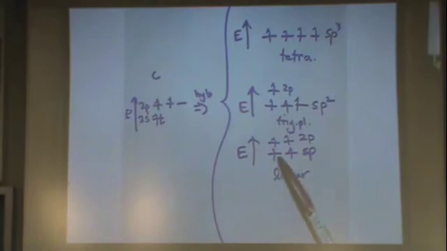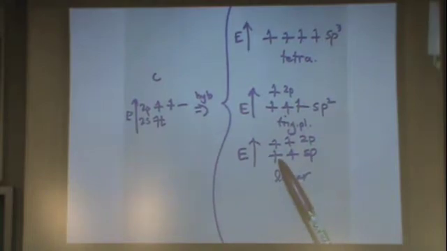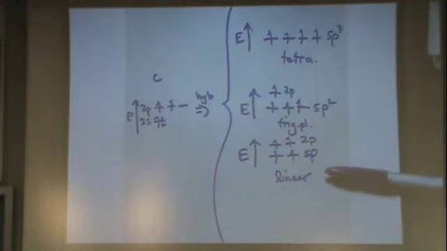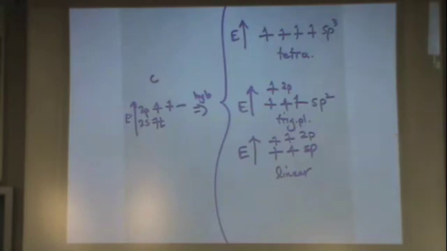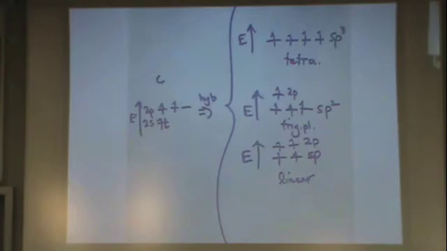Or for this diagram, 1 electron right there. Okay, hybridized orbitals. These hybridized orbitals form what kind of bond? Sigmas. The unhybridized 2p orbitals form pi bonds. That's right. Okay? So I'll show you an example in a little bit.